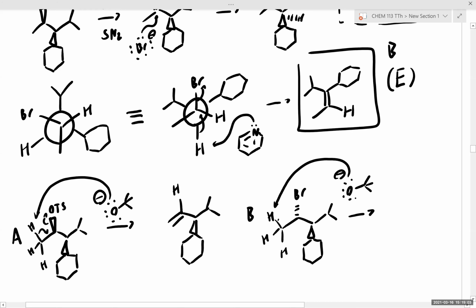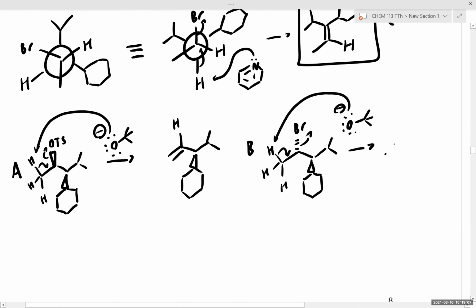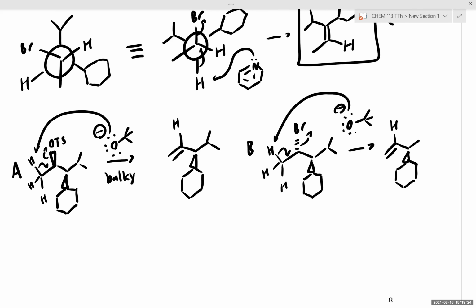You can make a model if you want to prove that statement, but you will always be able to eliminate if you're eliminating from a methyl group. So when you have a bulky base, as we discussed, the E2 reaction prefers to generate the least hindered alkene because we're abstracting the least hindered proton.